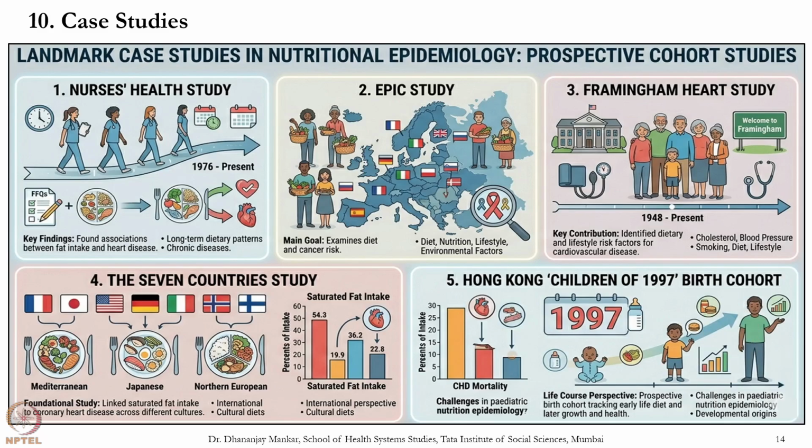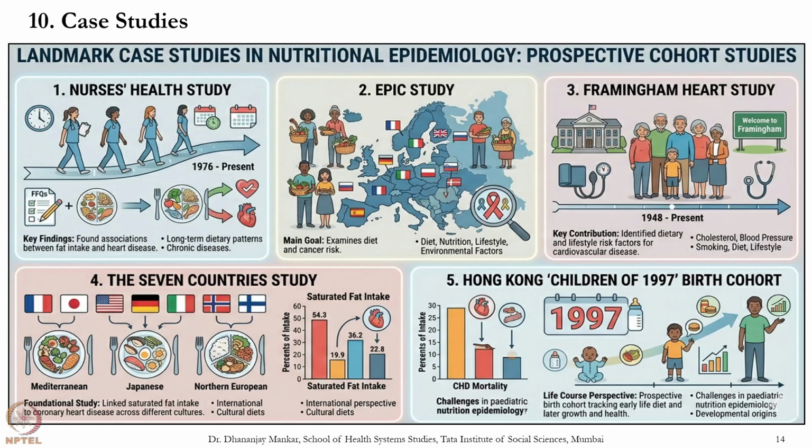And the fifth and very important study is the Hong Kong Children of 1997 birth cohort. What is this study about? It is about CHD mortality, with a life course perspective, birth cohort tracking of early life diet and later growth in adolescence. It has contributed a lot to the challenges of pediatric nutrition epidemiology, and the developmental origin is connected with childhood: how they were fed, diet changes, nurturing and nutritional exposure.